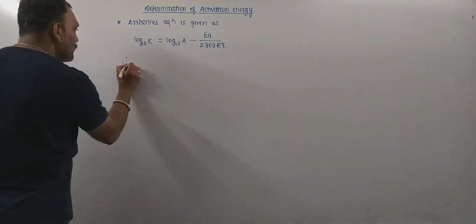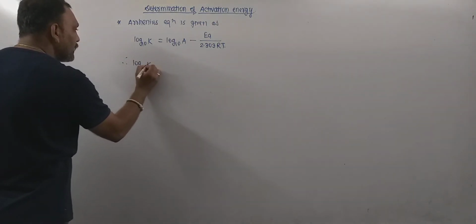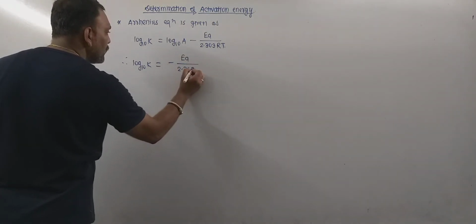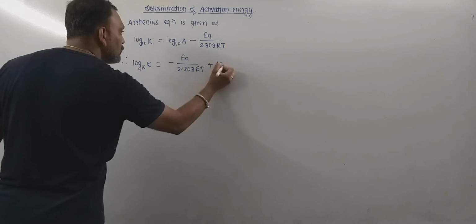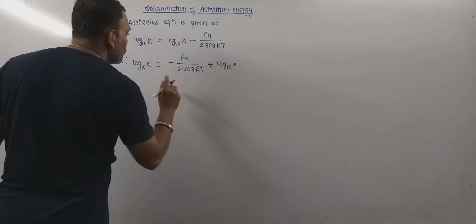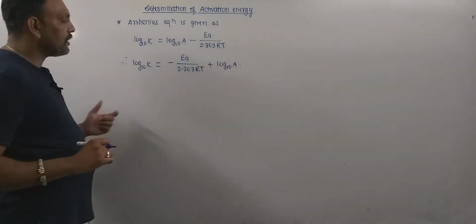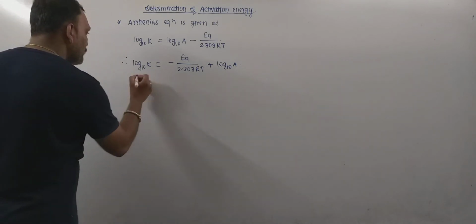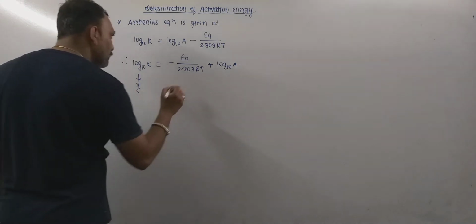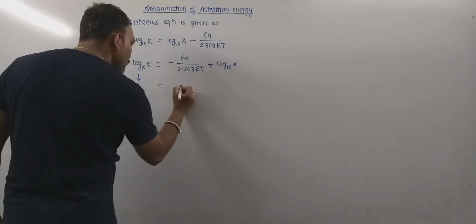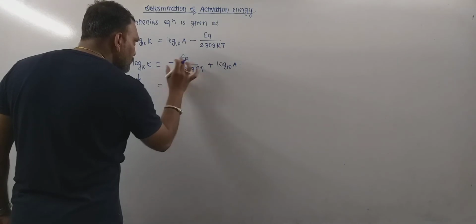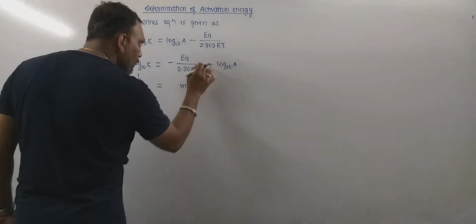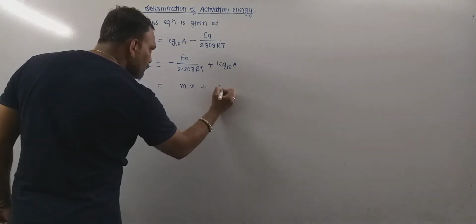This can also be written as log base 10 K equals minus Ea upon 2.303 RT plus log base 10 A. This is a very important form, and remember it has the form of a linear equation, that is y equals mx plus c. So y is log K, m is minus Ea upon 2.303 R, x is 1 by T, plus this is c.